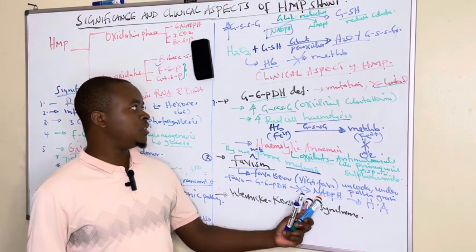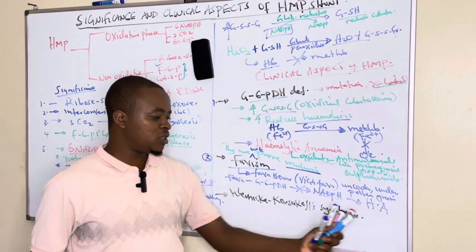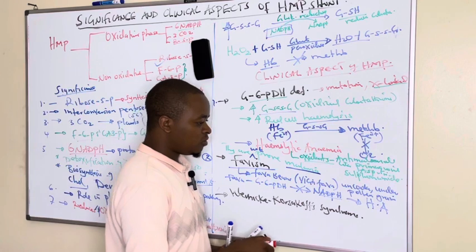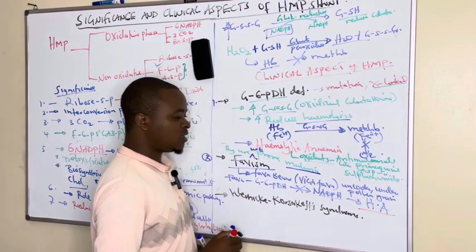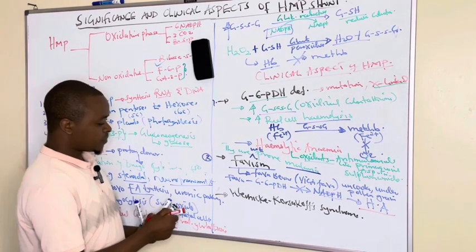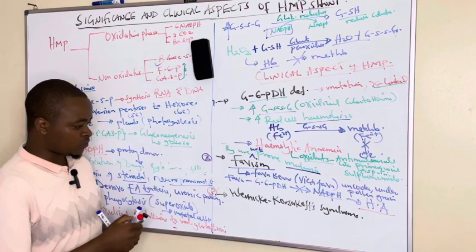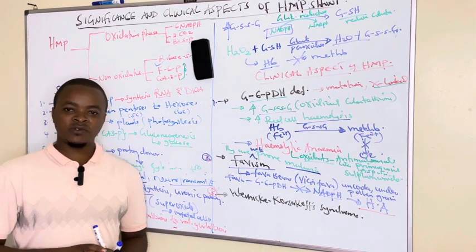And without NADPH, oxidized glutathione accumulates in the cells, leading to hemolytic anemia, with increased destruction of red cells. Then lastly, this was the second, and this is the third, the last one, the Wernicke-Korsakoff's syndrome.